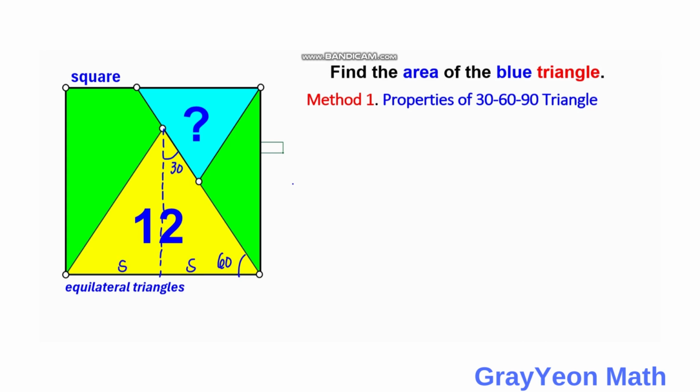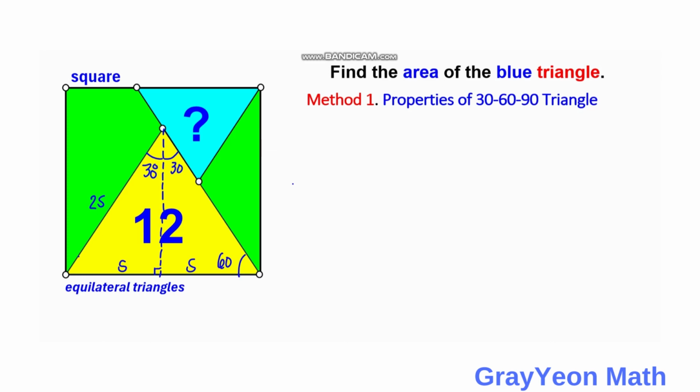Since this is S, for a 30, 60, 90 triangle, the side opposite the 30 degree angle is half the hypotenuse, so the hypotenuse is twice of this S, which becomes 2S.